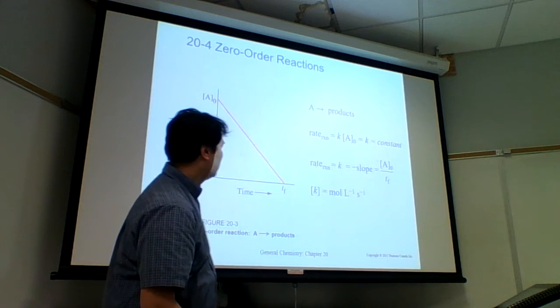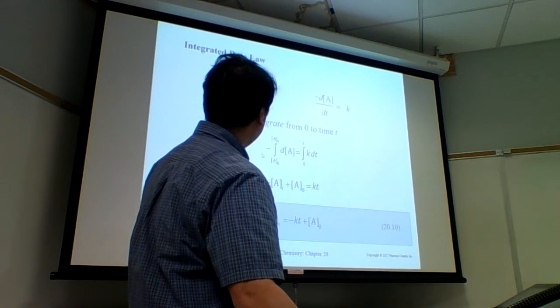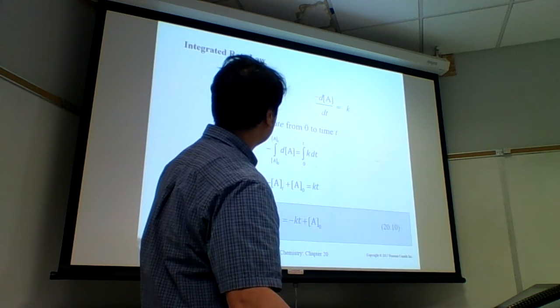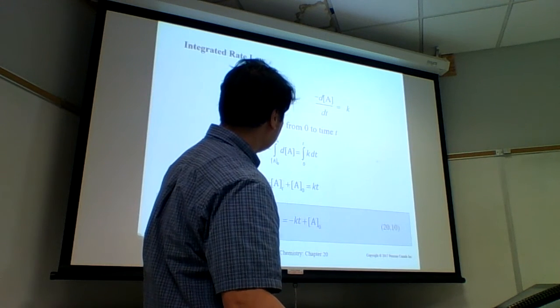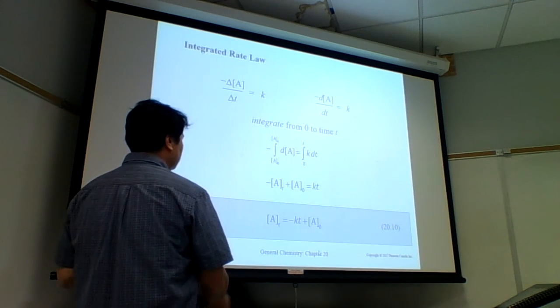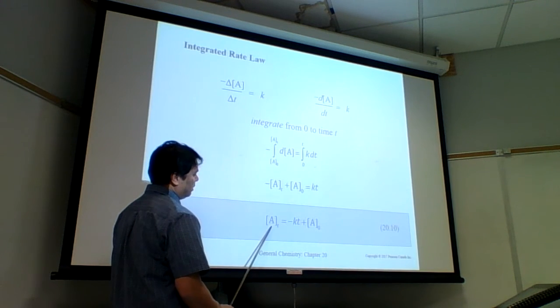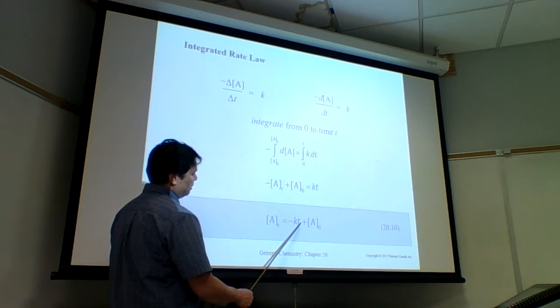The integrated rate law for this is just here. This is the calculus bit. This calculus bit we're going to skip, and we're just going to go down to this blue box equation. This is just y equals mx plus b. Y is concentration of A. Concentration of A at time t is equal to minus k, which is the slope, times t, which is x.